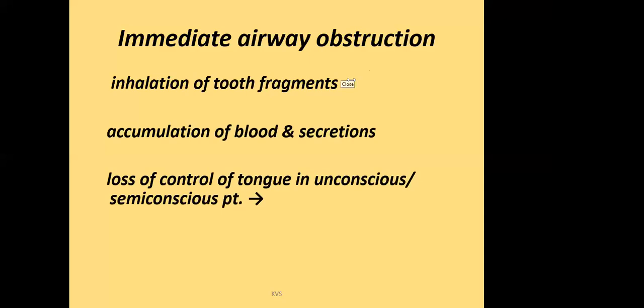With that maneuver, how will it prove? It may be, I'm not sure. Yes, do direct laryngoscopy. Yes, that one, yes. Good. So now we know there can be a tooth in the airways.